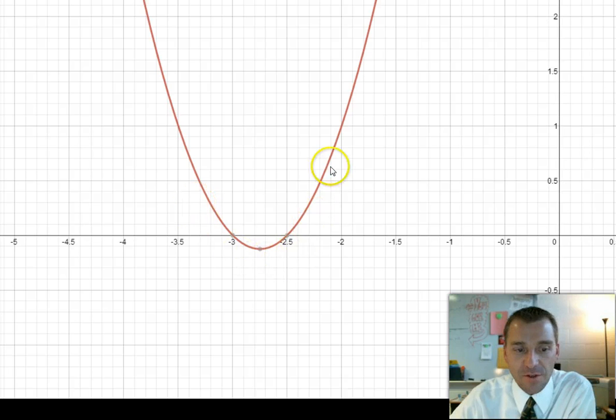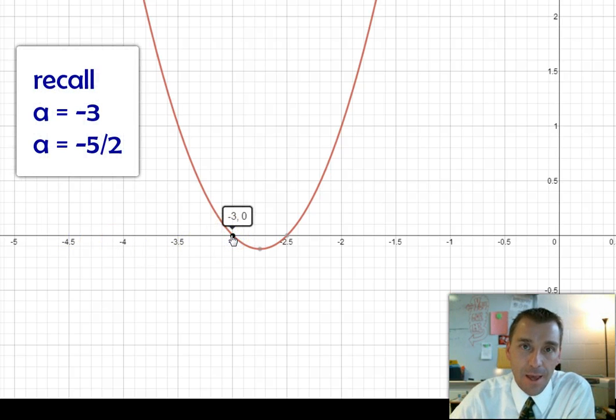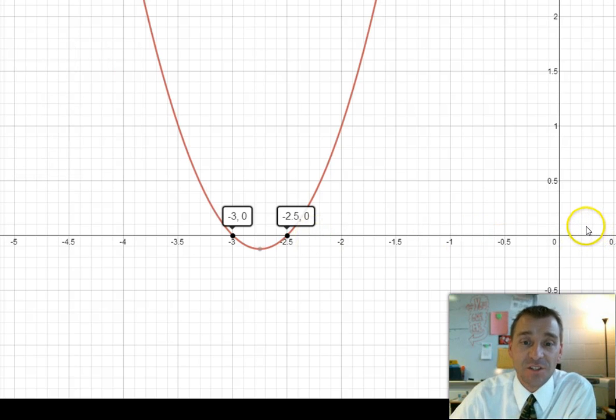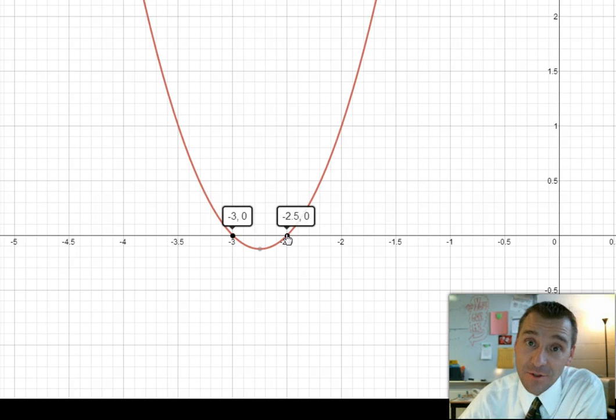You could have easily found all the stuff that's on here, but what I want you to notice is this. Remember what you just found: A equals -3, and A equals -5/2. What I am showing you is extremely powerful, because where you're finding the zeros, it's where y is equal to 0 on the x-axis, aka the x-intercepts.